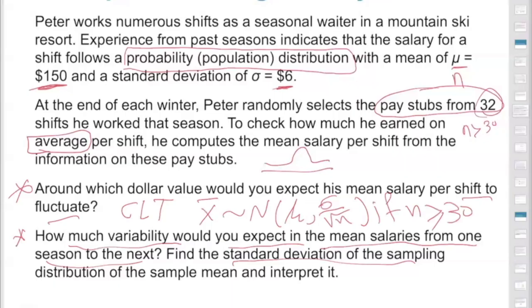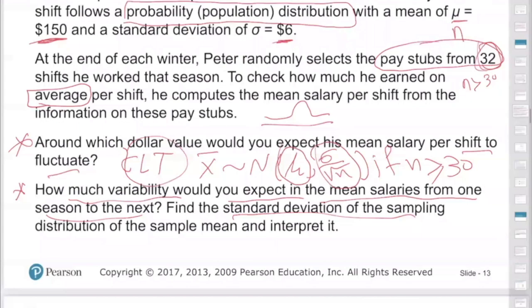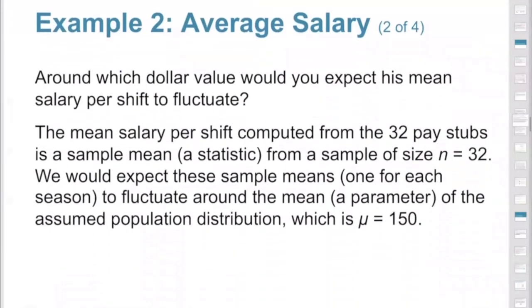The sample size here is 32, so you can apply the central limit theorem. So the expected average will be equal to mu. What is the variability, or the standard deviation of the sample mean? It will be sigma divided by square root of n. Just calculate these two things and you have the distribution of X bar, as you can see in the next slide.